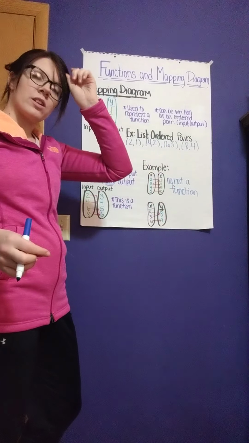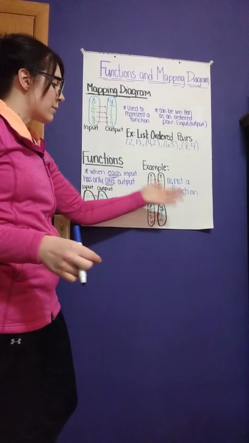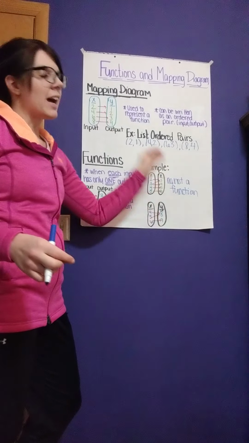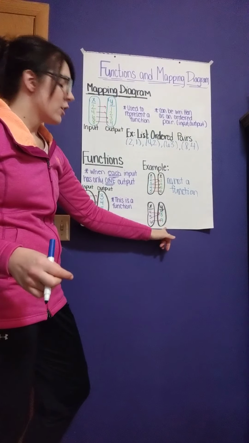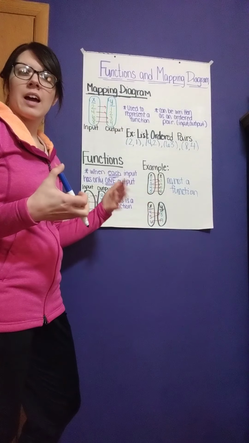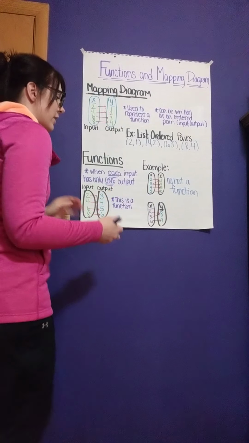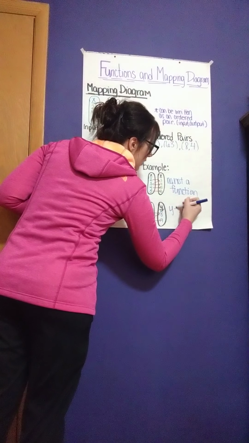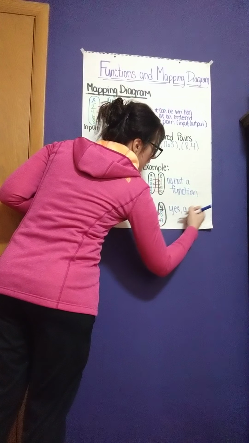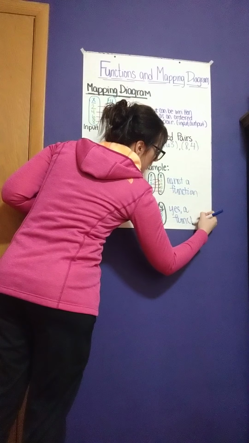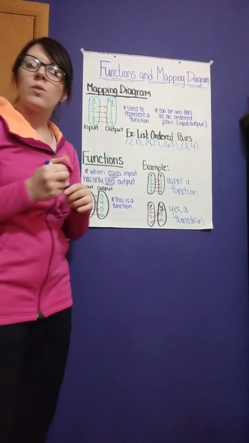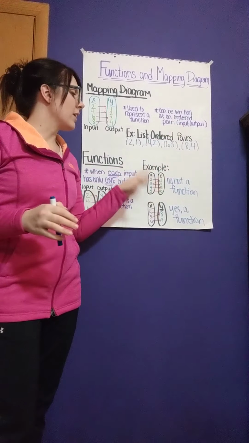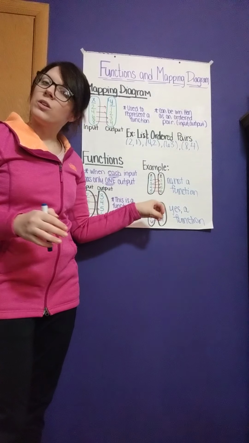Each time that 4 goes into my function, I get the same answer. I put the 5 in, I get the same answer. So all of these could be the same output and it still makes sense. So this is a function.